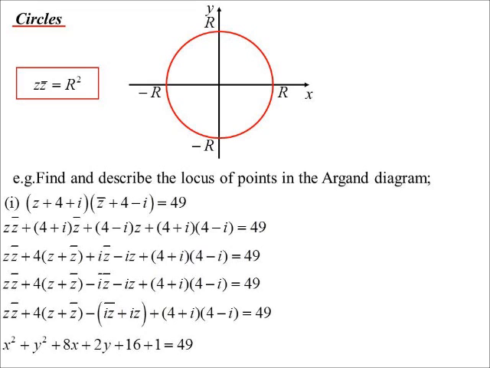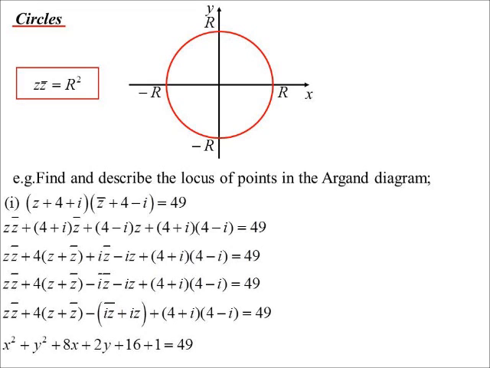So z times z conjugate is x squared plus y squared. Z plus z conjugate is twice the real part, or 2x. Here I've got i times z minus z conjugate, so I'll end up getting 2y. And I'll end up with this equation.